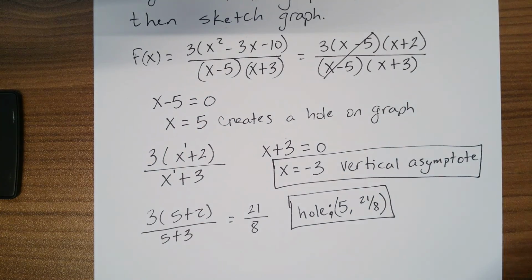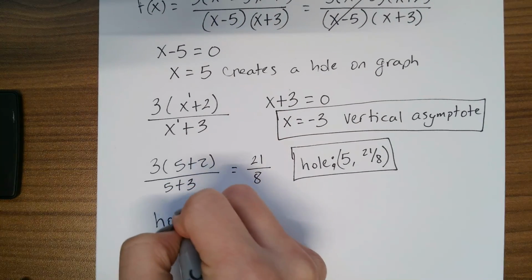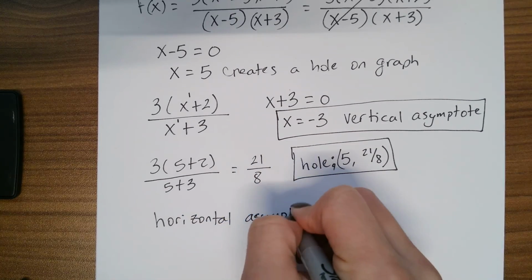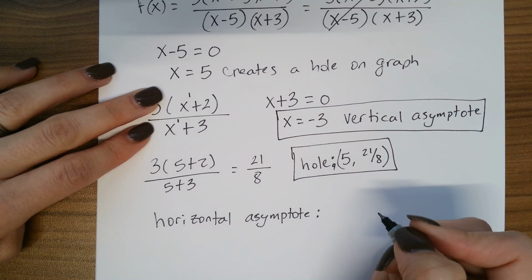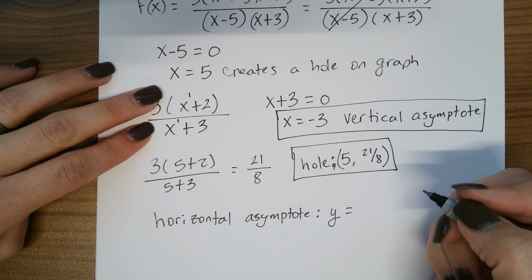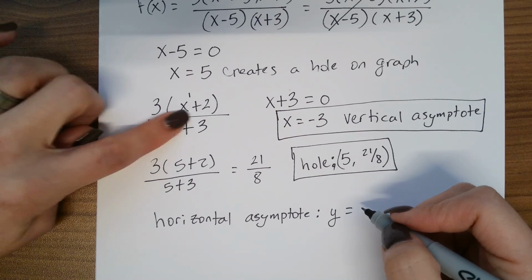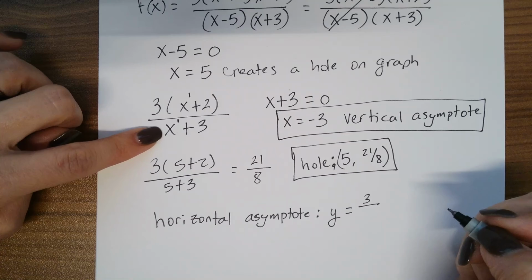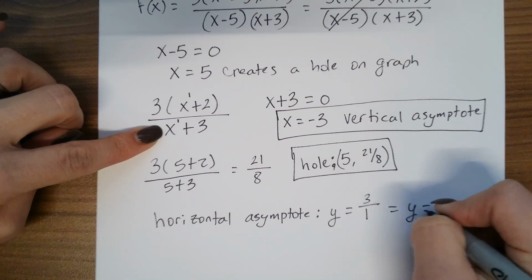Likewise in the denominator. Since the exponents are the same, the horizontal asymptote is just going to be y equals the ratio of the leading coefficients. In the numerator, I have 3x, my leading coefficient is 3. And in the denominator, I just have 1x, so the leading coefficient is 1. So my horizontal asymptote is y equals 3.